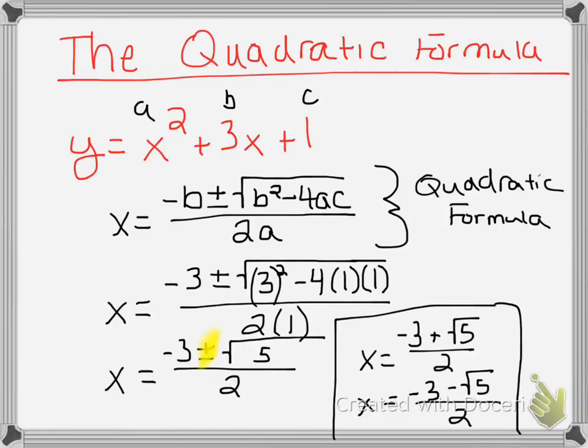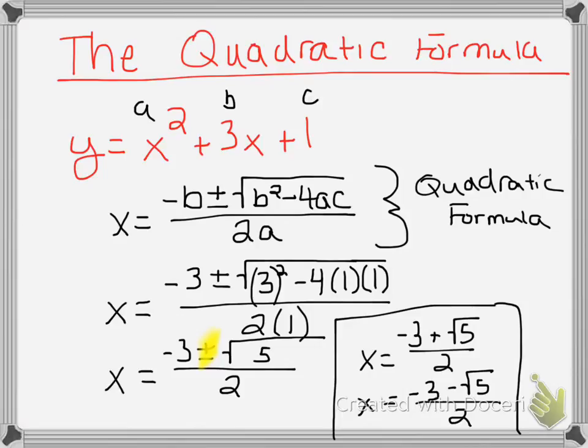Now, that's not really something we can plot on a graph, so if you needed to, you could use the calculator and do negative 3 plus the square root of 5, and then divide that by 2.